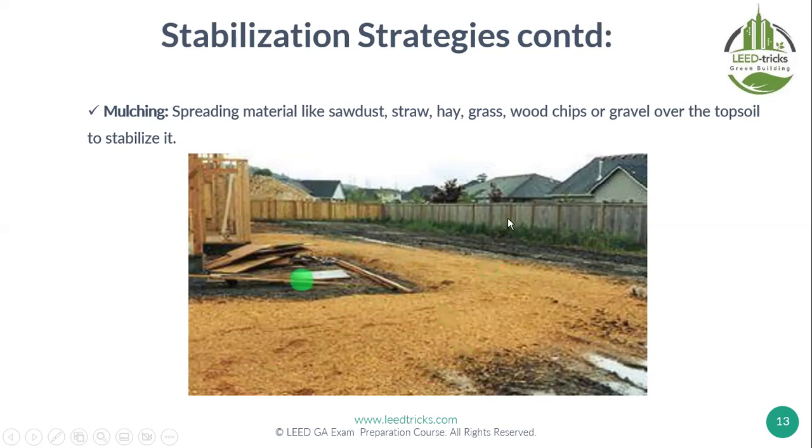You can also cover the soil with some types of stones or wood, anything that will prevent the soil from running away or stormwater from having runoff with the soil away from the site. We call this mulch. Mulch is a standard practice.